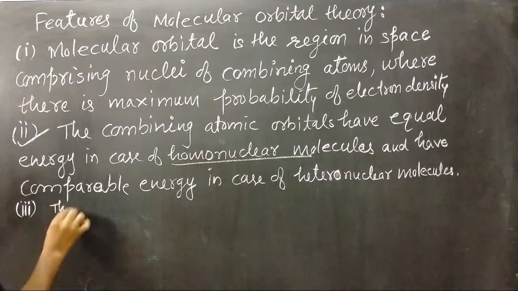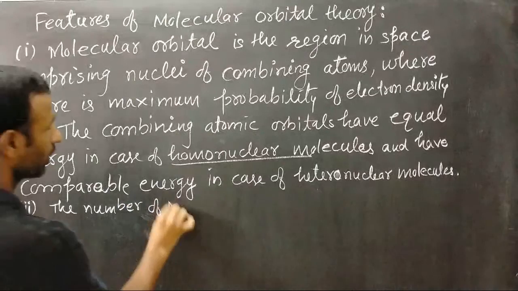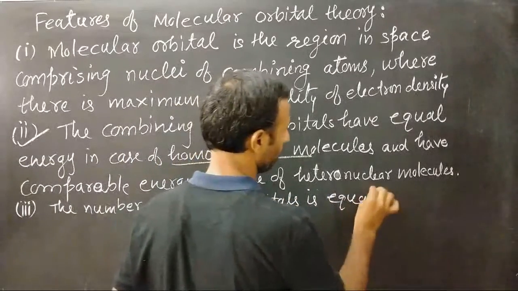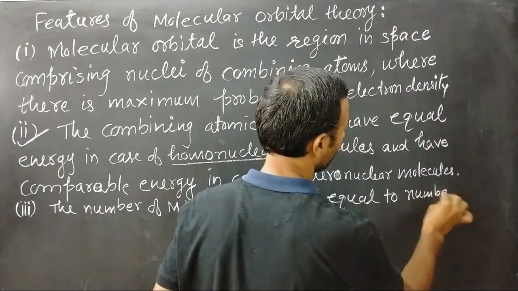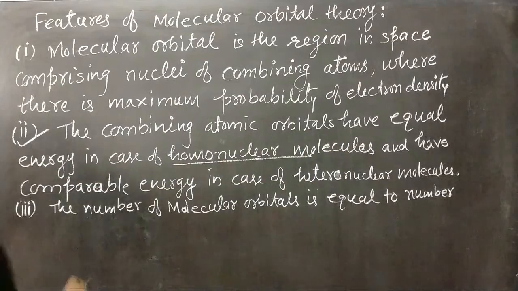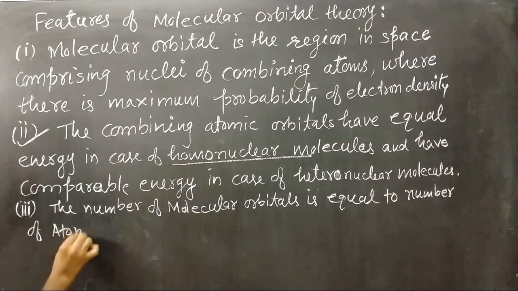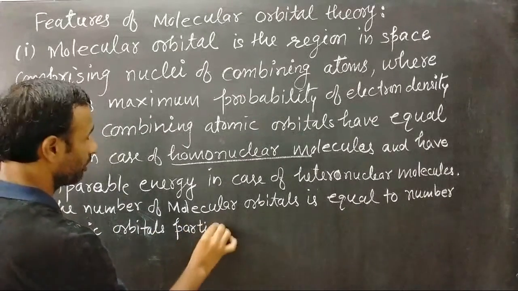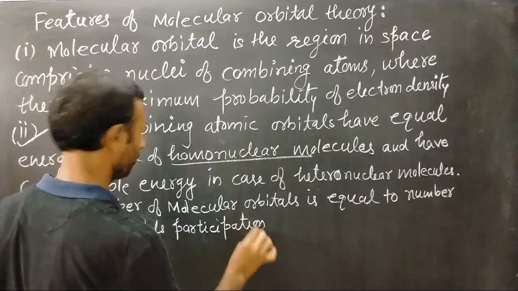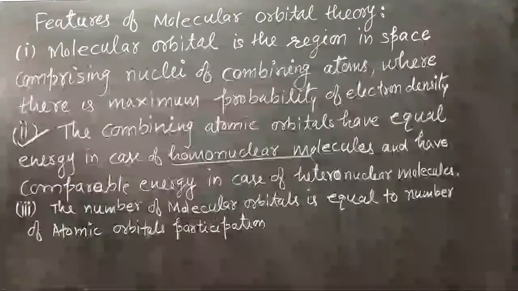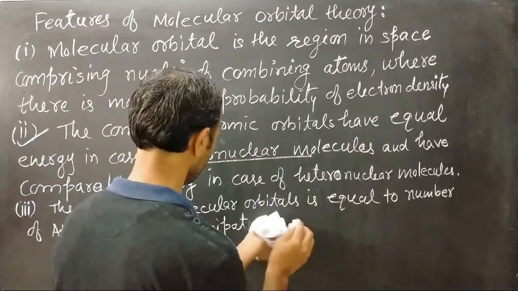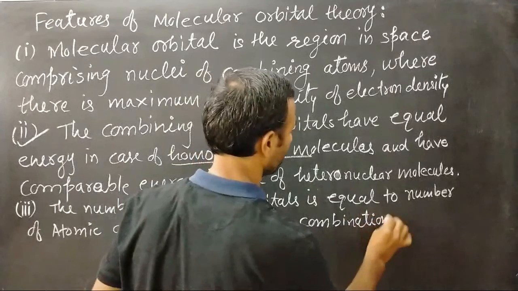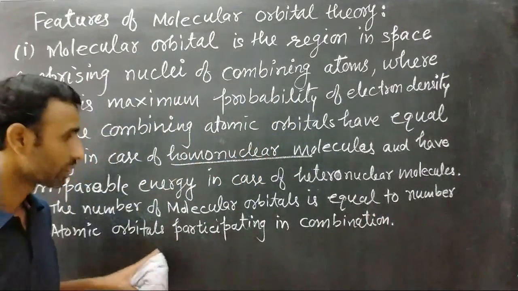Then third point, the third feature is the number of molecular orbitals is equal to the number of atomic orbitals participating in combination, like in diatomic, triatomic, right?